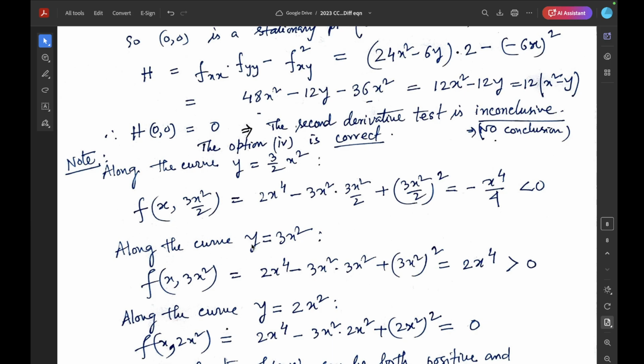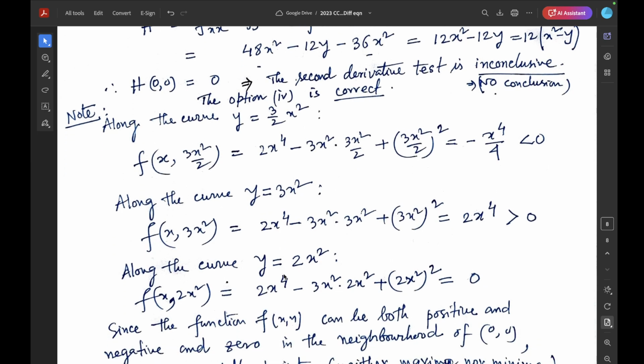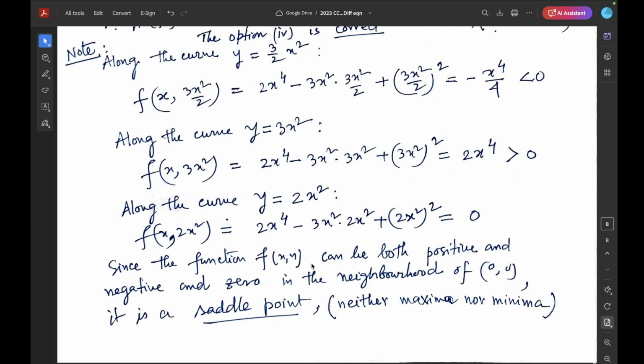And along the curve y equal to 3x squared, we get 2x to the power 4, which is positive. And along the curve y equal to 2x squared, f is equal to 0. Since the function f(x,y) can be both positive and negative or 0 in the neighborhood of (0,0), it is a saddle point. That means neither maxima nor minima at (0,0).